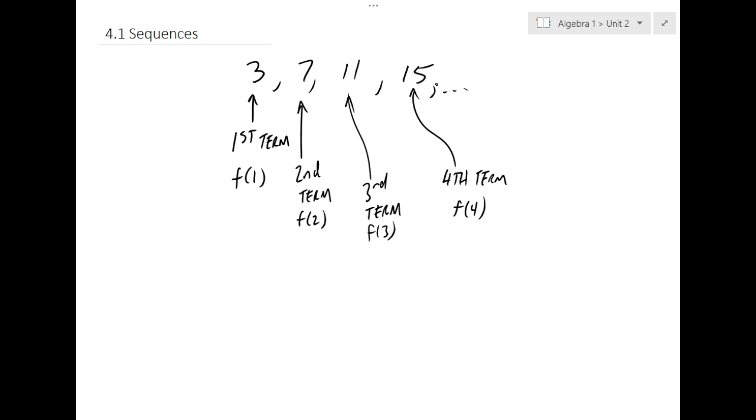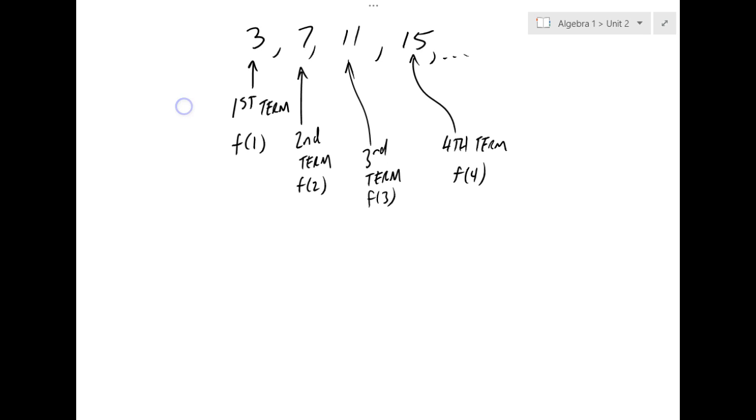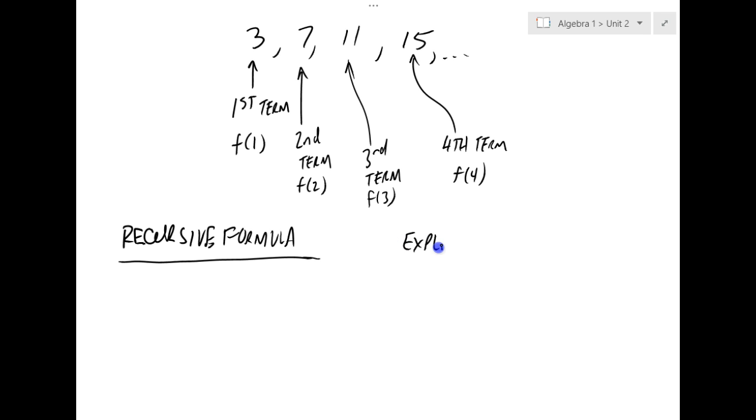Sometimes we have formulas that we can use to generate these kinds of sequences. There are two different types of formulas we're going to work with. One is called a recursive formula, and the other is called an explicit formula.